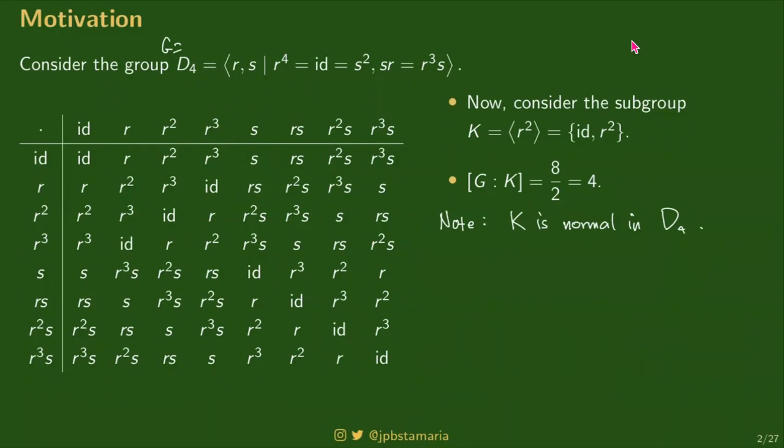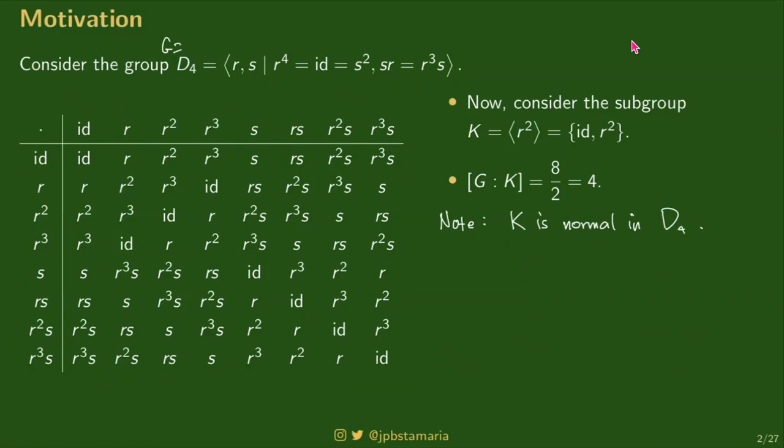Please take time to think about it. Kung meron kayong aalalahanin sa R squared, si S lang yun kung siya ay magko-commute with R squared. Kasi pag nag-commute na si S, all others will also commute with R squared. Okay? So K is normal in D4. So you convince yourself that K is actually normal.